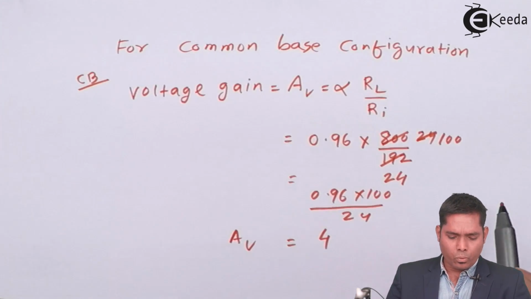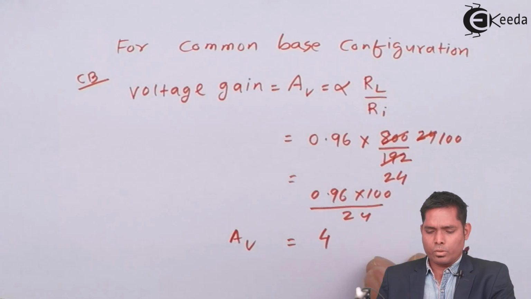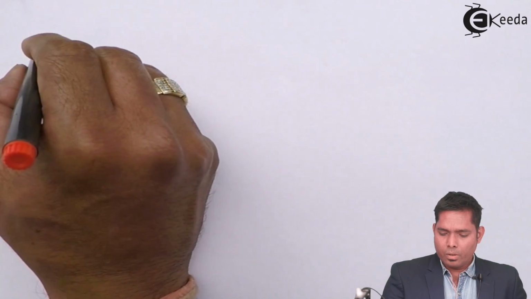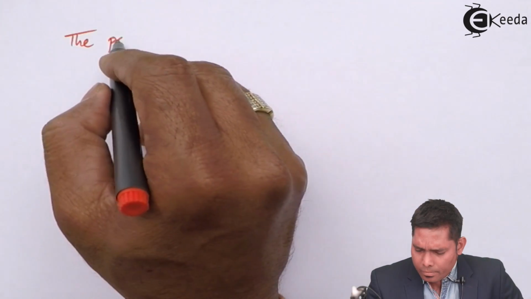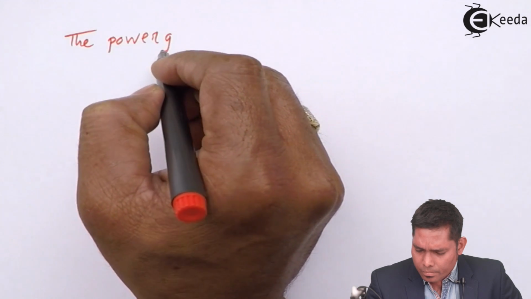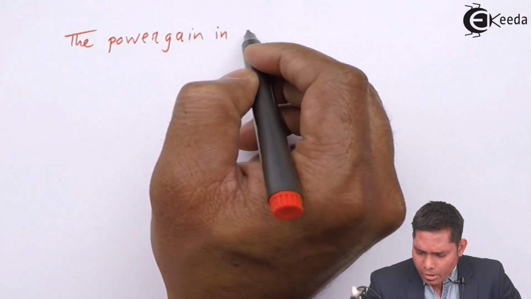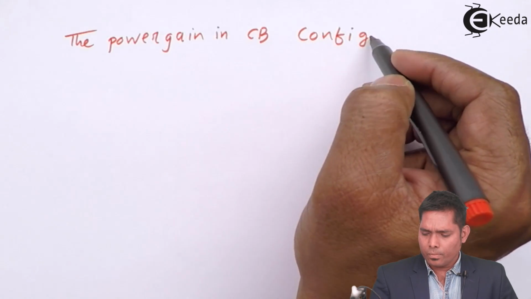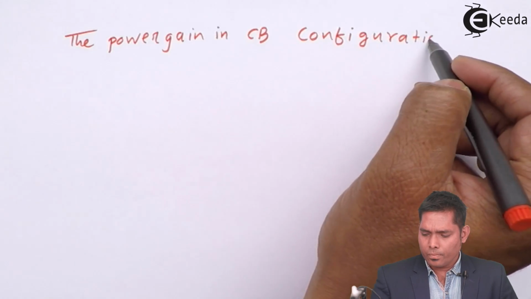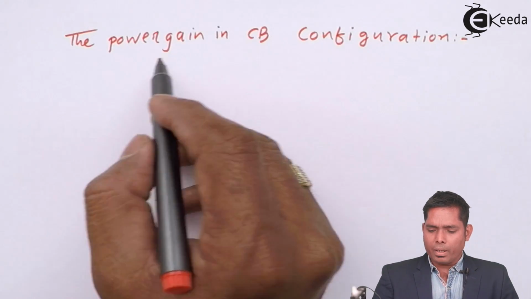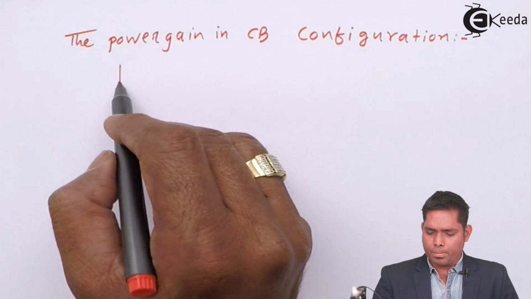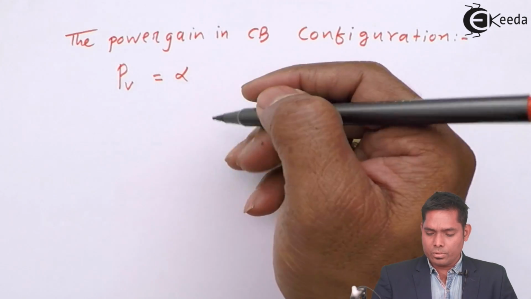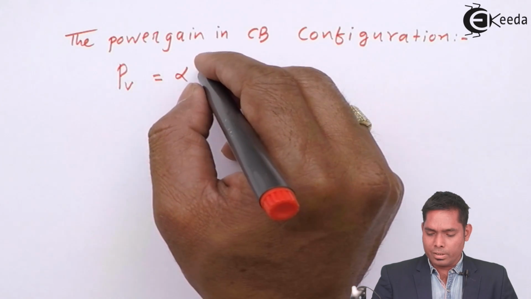Now after 4 we have to find the power gain. The power gain in common base configuration equals alpha times the voltage gain.